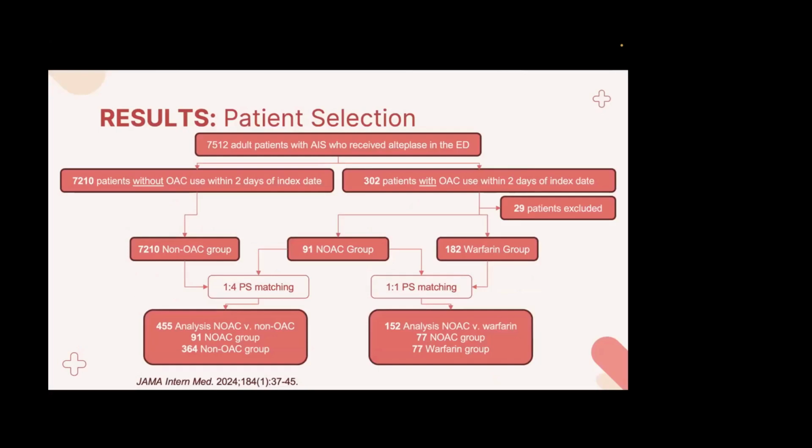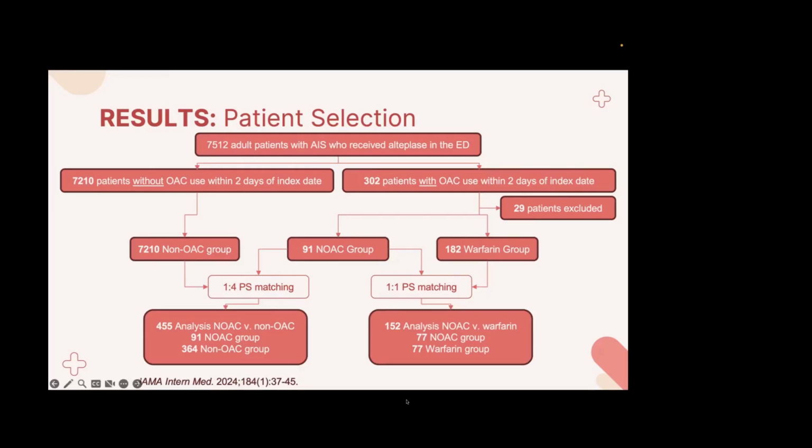So here's a depiction of the patient selection or patient group allocation process. 7,512 patients who received Alteplase during the index time period for acute ischemic stroke were screened, and after application of the exclusion criteria and propensity score matching, there were a total of 455 patients that were evaluated in the NOAC versus non-OAC group based on a 1-to-4 propensity score matching scheme.